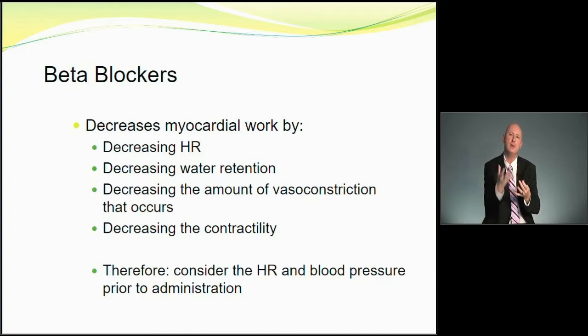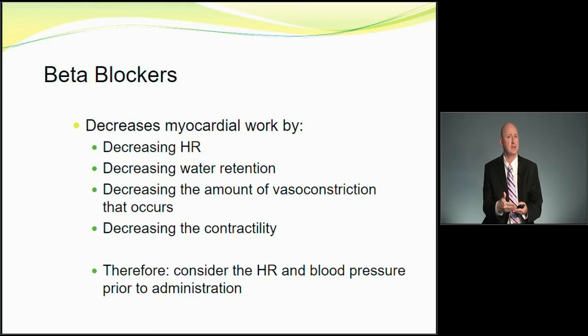We want that heart to be very efficient and pump blood out. I want to dilate. I don't want to retain fluid, okay? I don't want my heart to beat faster. So we're going to decrease heart rate. We're going to decrease water retention. We're going to decrease the amount of vasoconstriction that occurs. And we're just going to slow things down a little bit, step back, and let's get that heart to work a little bit better.